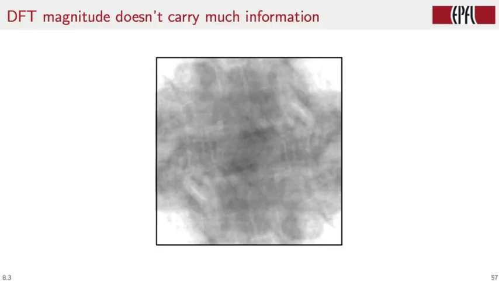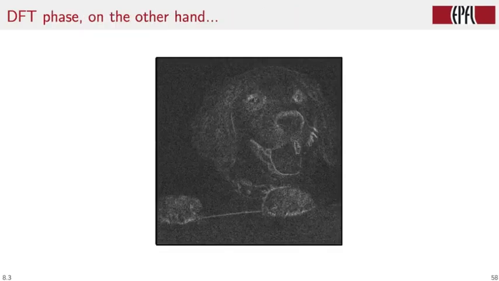What is more interesting is that if we do the same thing, but keeping just the phase, in other words, we throw away the magnitude, we set the magnitude uniformly at 1, but we keep the phase information, and then we do an inverse Fourier transform, we obtain the following image. So with images, the phase information carries most of the relevant information.